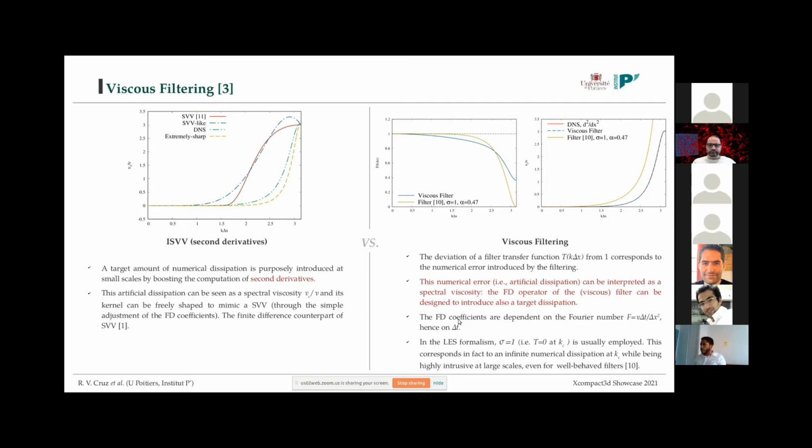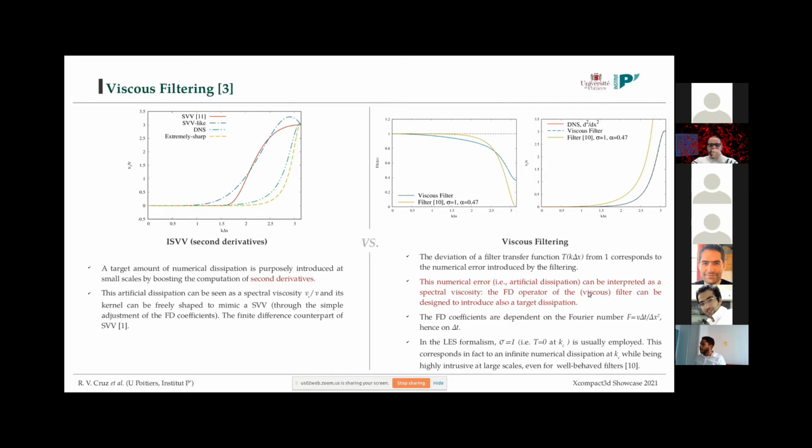When you think of LES, when we use filters usually for the LES, we aim to remove all the scales at the cutoff wave number. So you want to have a transfer function equal to 0 by setting our variable sigma equal to 1. So when you do it, for example, we have here displayed this well-known filter of Lilly, which is widely used.